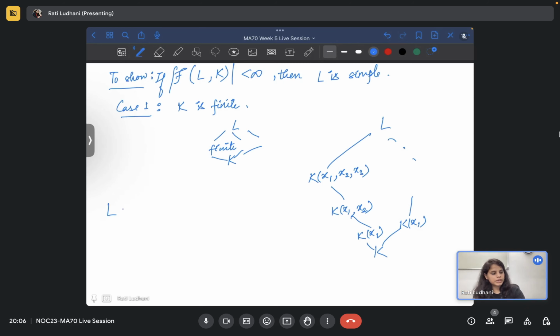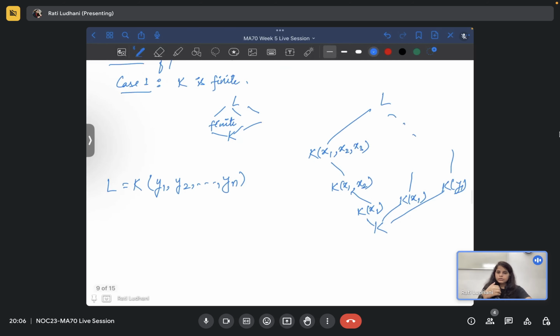So I am claiming that L will be equal to K x1 up to and so on, some other elements. I'm not talking about these x's. There could be others also, K y1. There could be many, but whatever it will be, finitely many. So L you can write to be K y1 to yn, something like this. Is that okay?